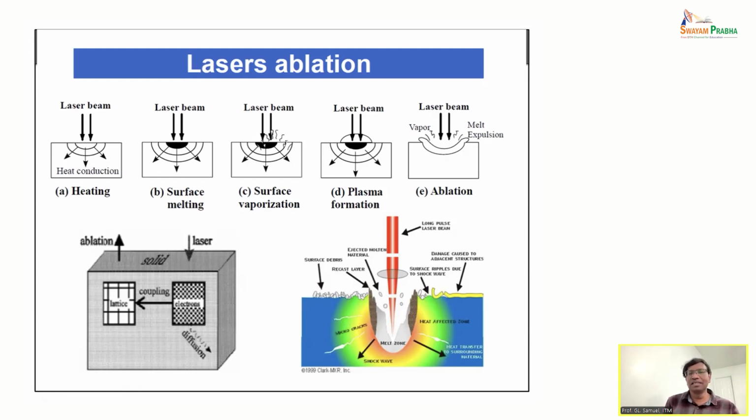But still, sometimes when we machine with our laser, if you don't give the correct amount of energy and we give more, we see that there is a small amount of heat affected zone around the area which we are machining. But if we give the correct amount of energy, the heat affected zone will be minimum.